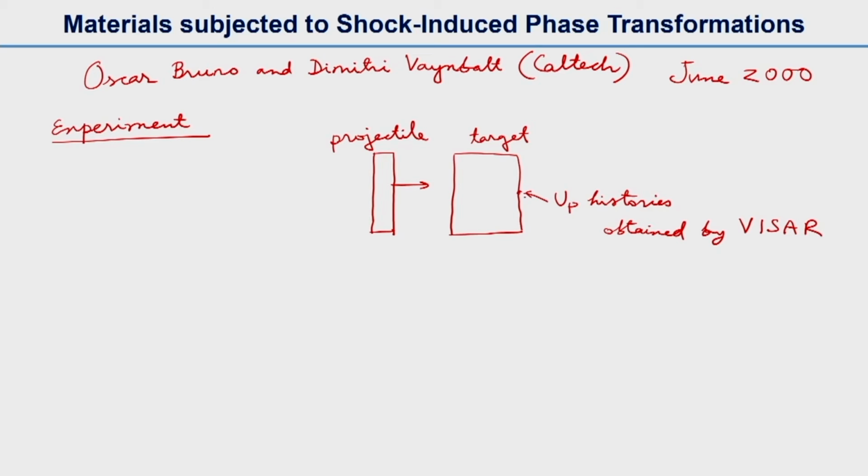On the back surface of the target the UP histories can be obtained using this technique, and when the projectile hits the target we will see what kind of shock wave propagates.